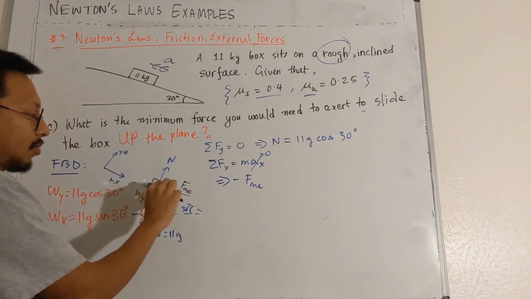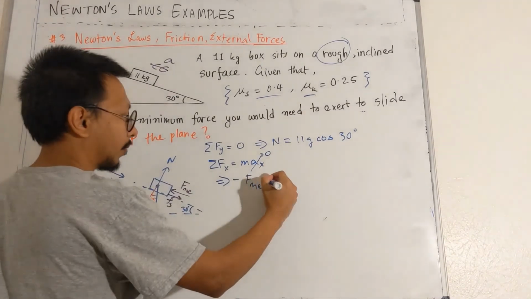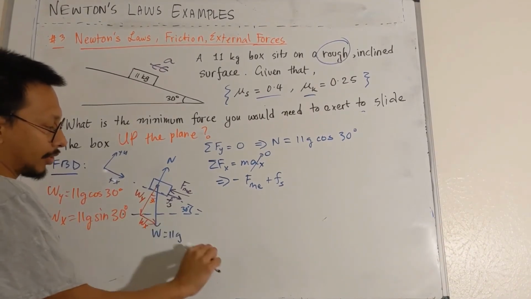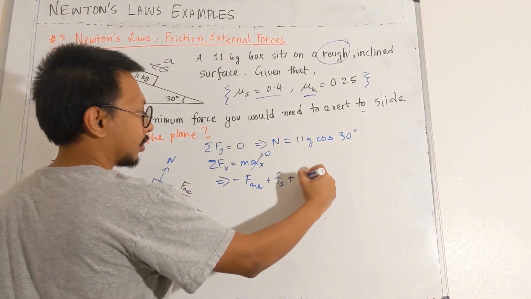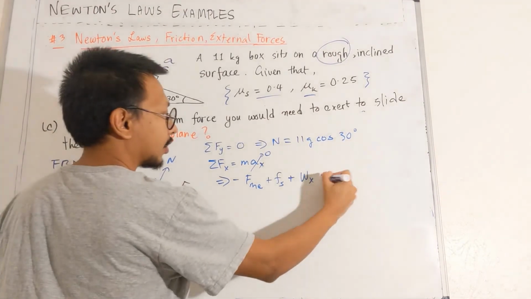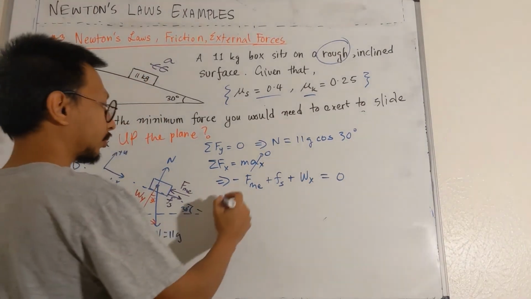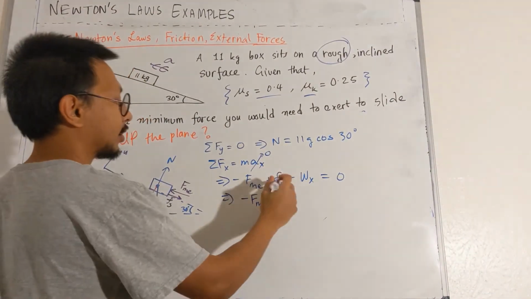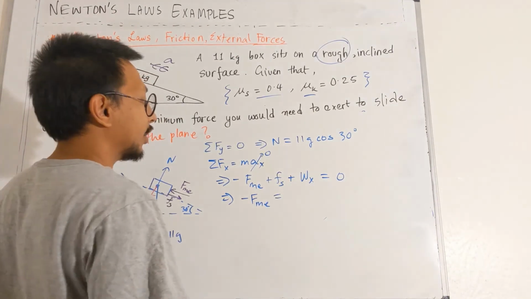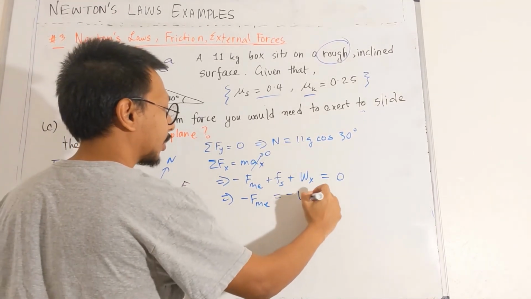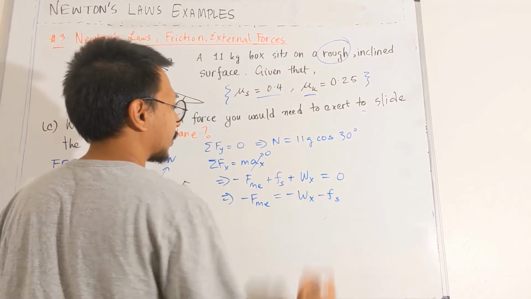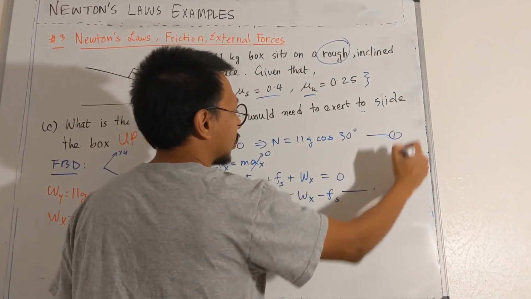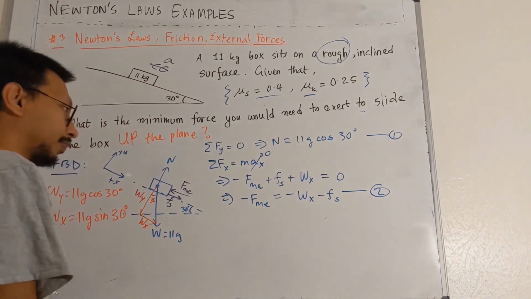We have Fs now pointing along the positive x direction, so plus Fs, and we have Wx pointing along the positive x direction, so plus Wx. This is equal to 0. So negative F me, let's take everything else on the other side, is equal to negative Wx negative Fs. Let's call this equation 1, let's call this equation 2.